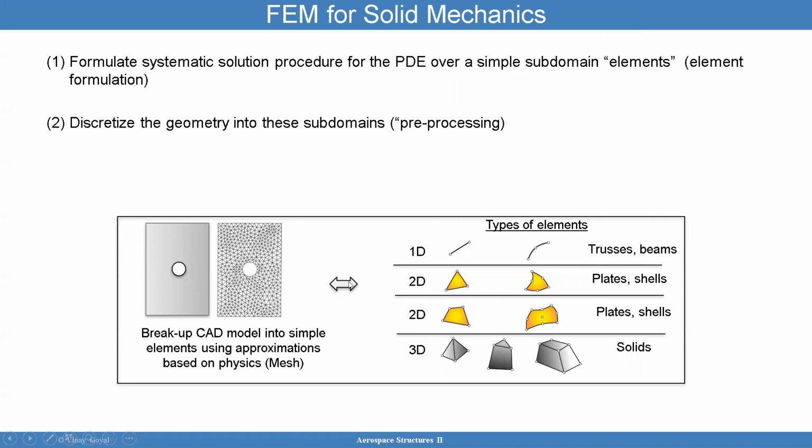So in 2D, I could have used this triangle to break it up. Or I could have used an even more advanced element, which has mid-nodes and allows me to model with more accuracy, maybe this circular hole. We can put this triangle around that, for example, so we can get more accuracy. But it's more computationally expensive.